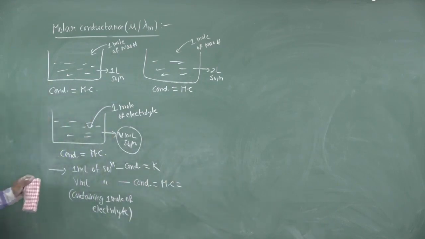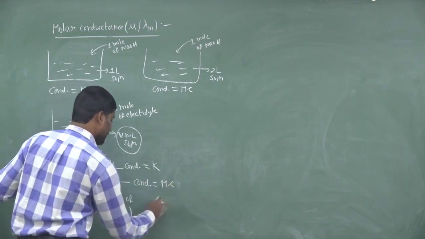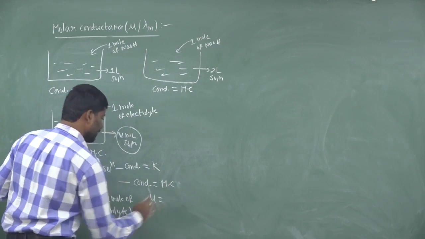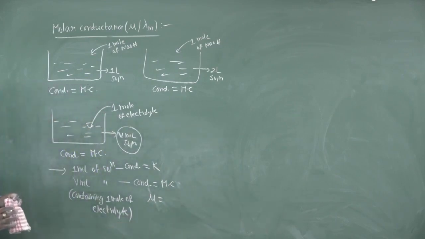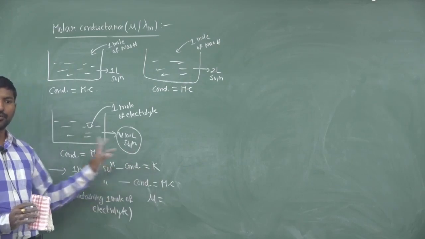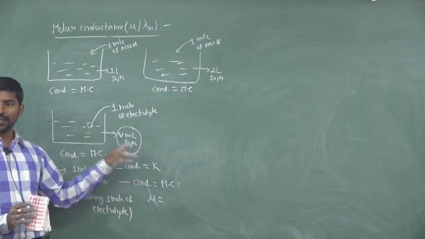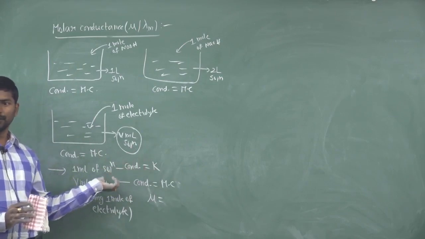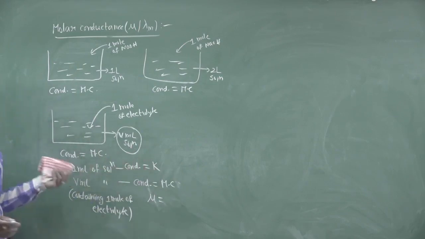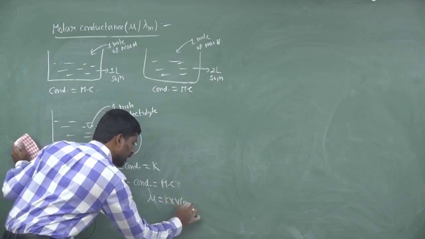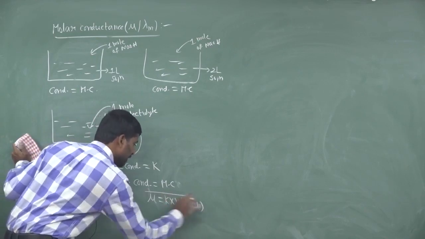Then what is the formula for molar conductance, lambda m or mu? For 1 ml, conductance is K. For 2 ml, conductance is 2K. For V ml, we get VK.